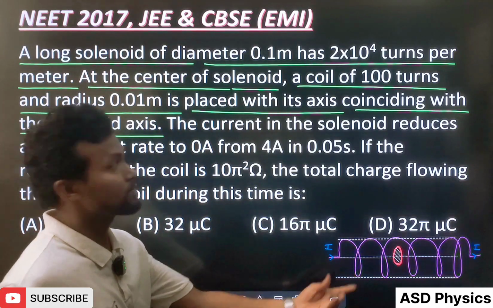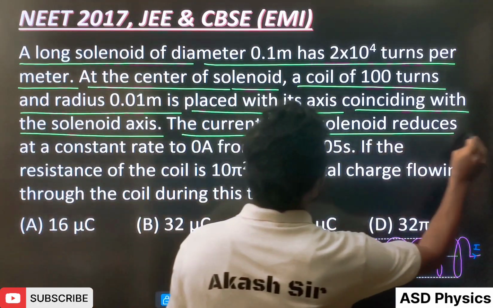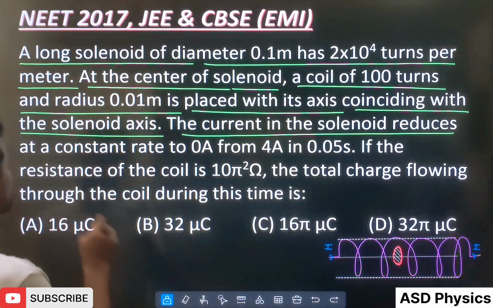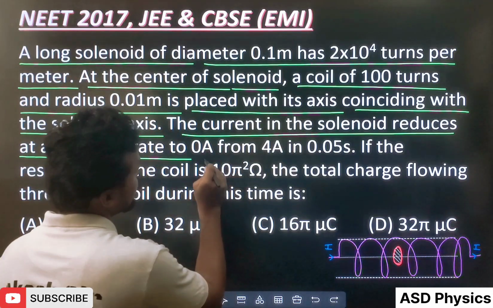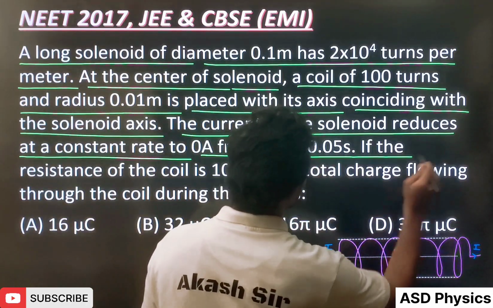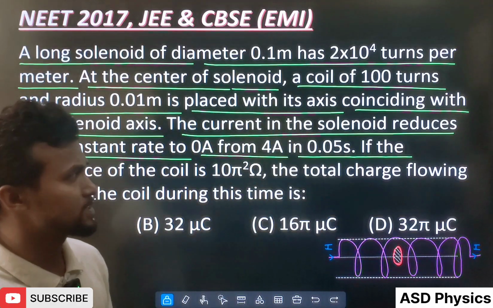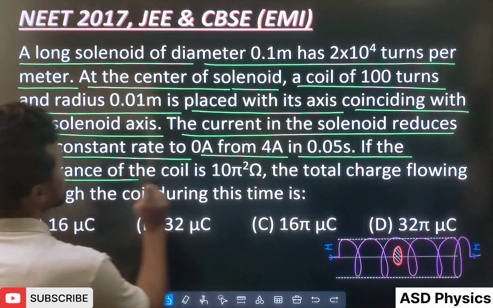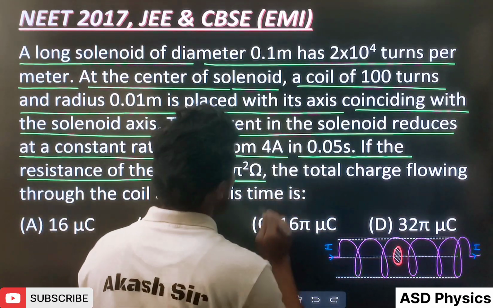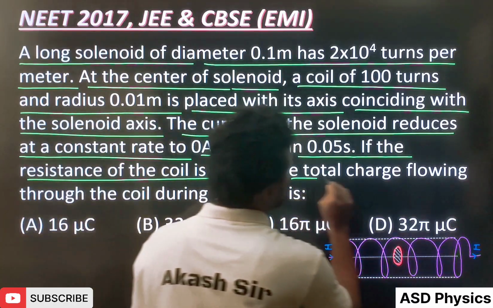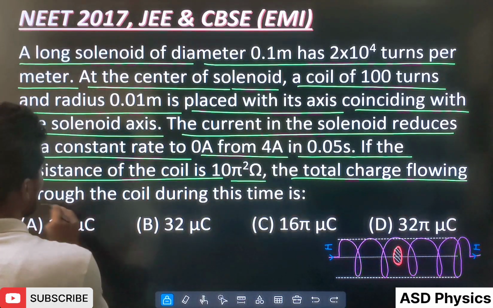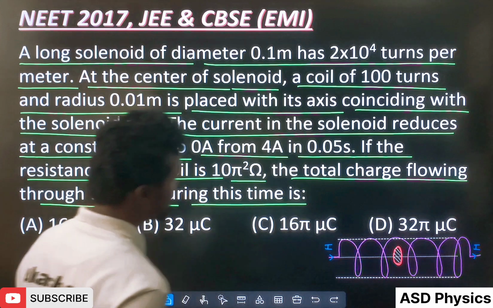You can get the idea from the diagram also. The current in the solenoid reduces at a constant rate to 0 ampere from 4 ampere in 0.05 second. If the resistance of the coil is 10 pi square ohm, the total charge flowing through the coil during this time is how much here?